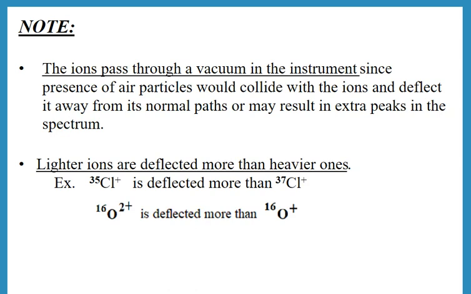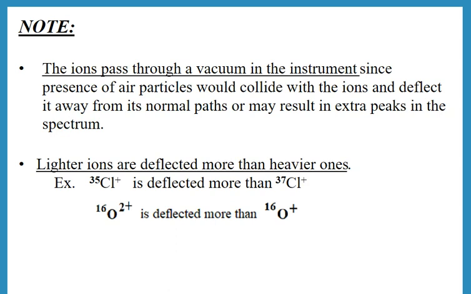Also, remember that I could have either one positive charge or two positive charges. Now, in that case, if I'm looking, for example, at an oxygen isotope 16, it could have one positive charge or it could have two positive charges. And remember that the peaks were due to what? They were due to m over e, mass over charge. So the peak for that first one, O16 2 plus, would have a mass of what?